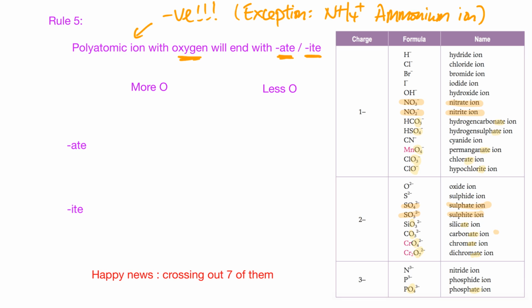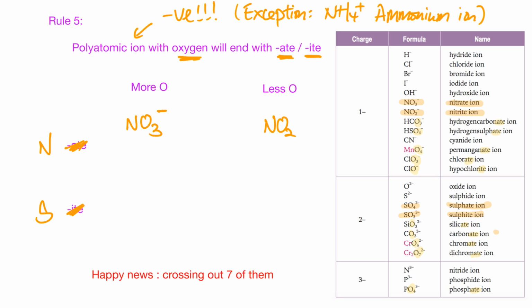So ATE we're referring to more oxygen. This table seems a bit wrong, so I should write N and S right there. When we combine with oxygen, you may combine more oxygen or less oxygen. For example, for nitrogen, you can combine 3 oxygen or 2 oxygen.